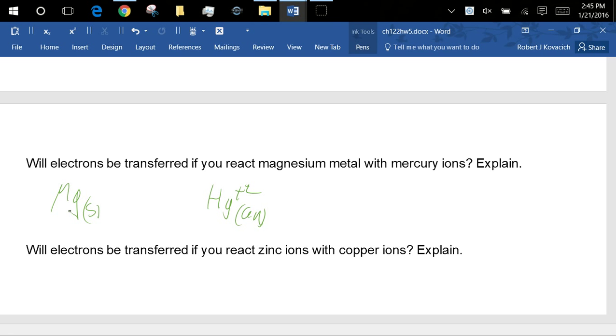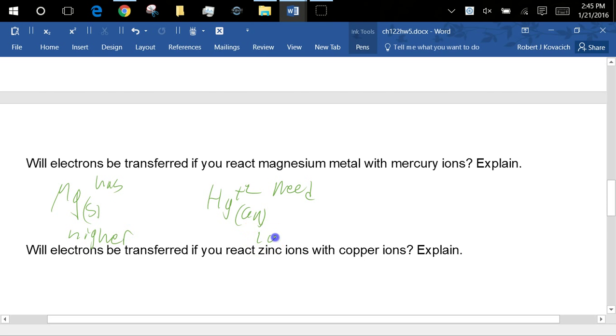So first, you should look and see who's higher on the list, and magnesium is higher on the list. So if I'm higher on the list, I have the ability to give my electrons to somebody lower on the list. Does the magnesium have any electrons to give? Yeah, it's a solid. And I also have to make sure that the thing lower on the list needs electrons. So does it? Yeah. So this reaction is going to happen. Has, needs, higher, lower.